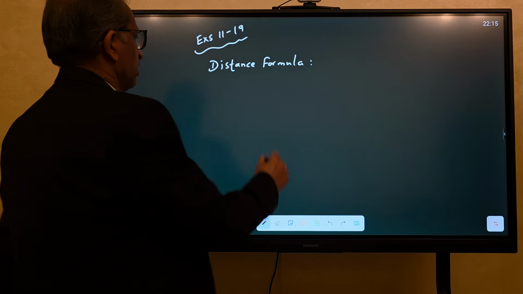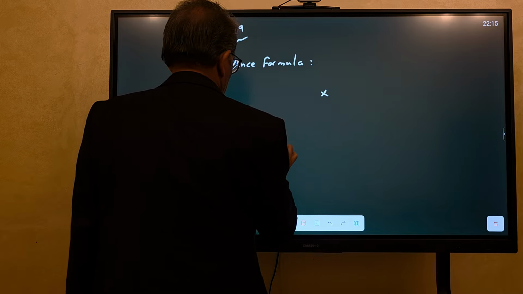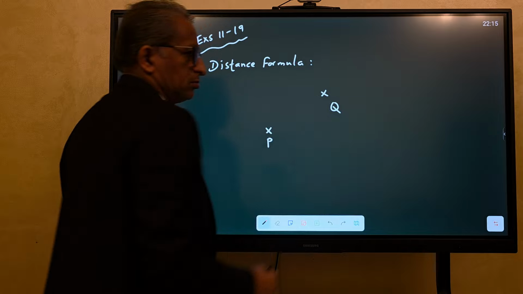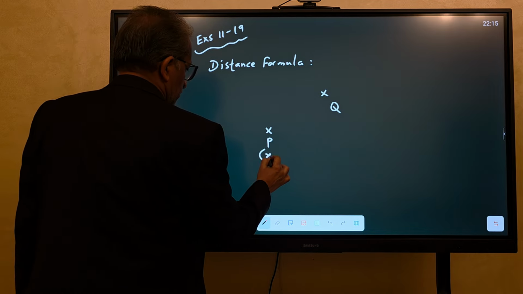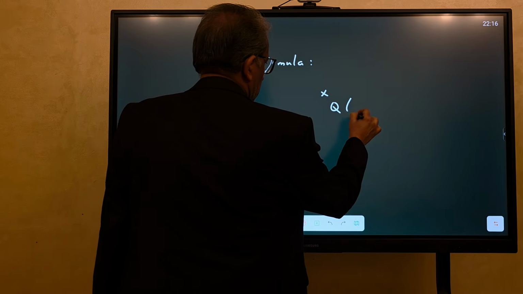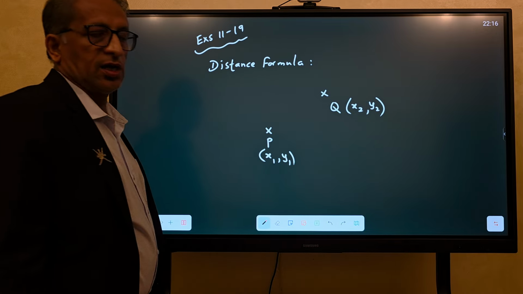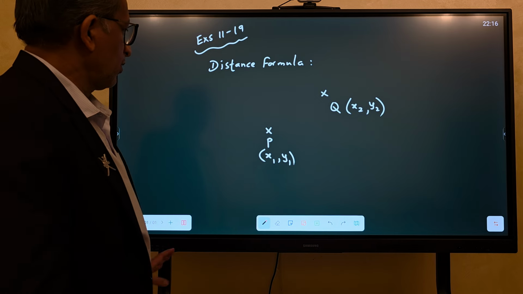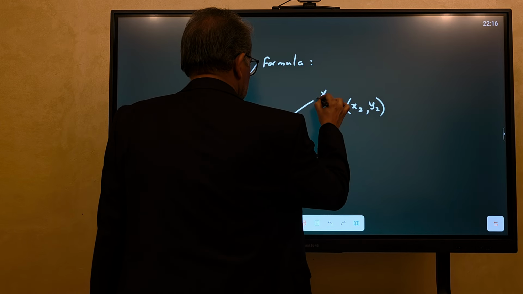What is this exactly? Suppose you are given 2 points, P and Q, on any quadrant. Suppose the coordinate of P is given, that is x1, y1, and the coordinate of Q is also given, which is x2, y2.